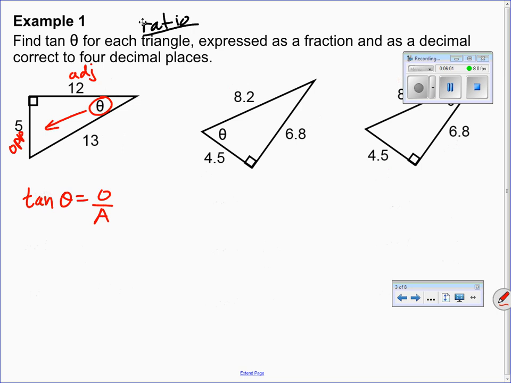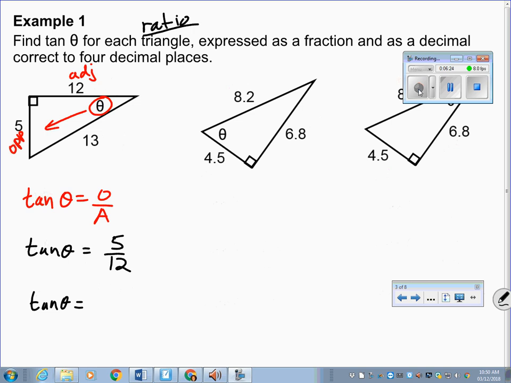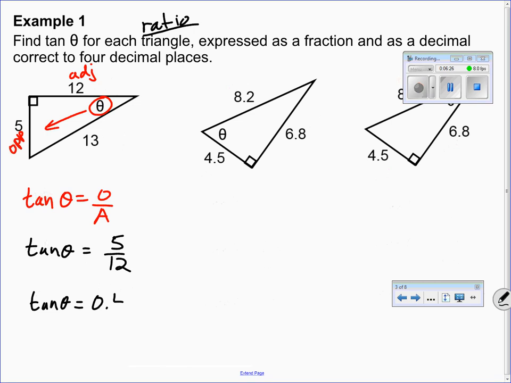So when I write this out, tan of theta is equal to, well, it's just 5 over 12. And we're going to express that to how many decimal places did I say? 3. So we'll express it to 3 decimal places, which gives us 0.417.